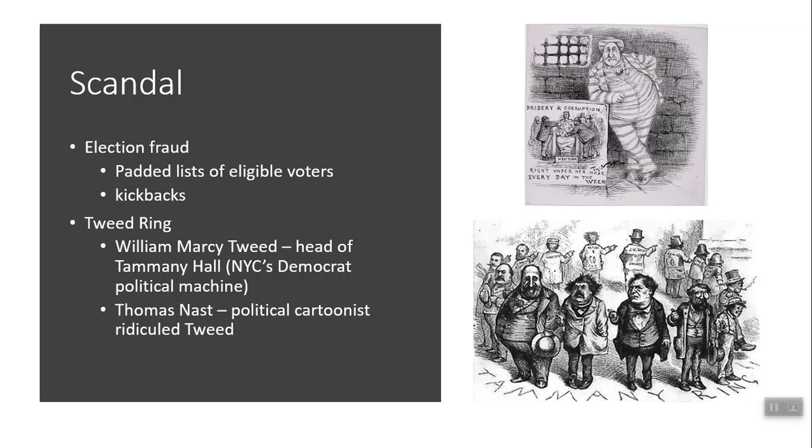And it brought to the attention, though immigrants might not be able to read English, they can interpret pictures. And so the political machines were brought down by the political cartoonists, and also those who were tired of getting hurt by election fraud, as well as the kickbacks from these organizations.